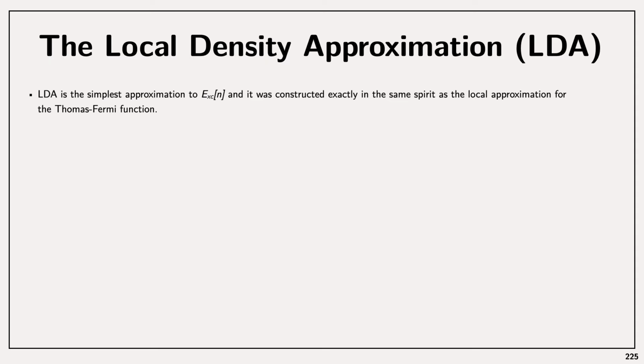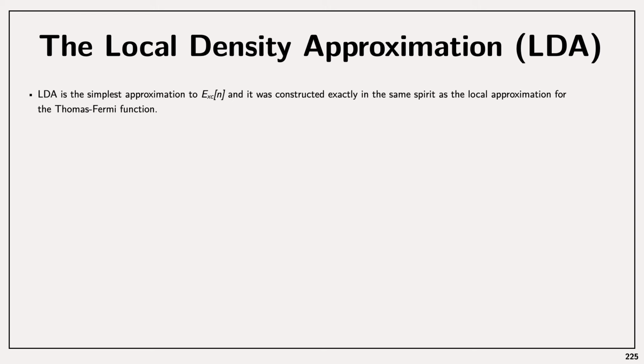So LDA is the simplest approximation to the exchange correlation, and it's built in a pretty similar way to the Thomas-Fermi-Hartree approach. You remember for Thomas-Fermi-Hartree, we were using the kinetic energy of a non-interacting homogeneous electron gas, and we were also using the exchange of the homogeneous electron gas.